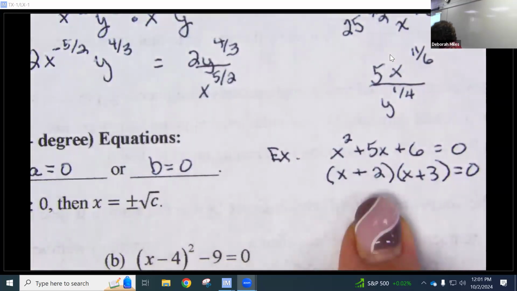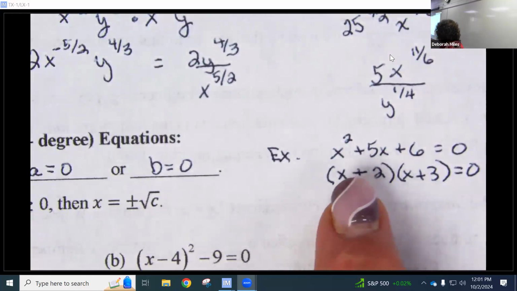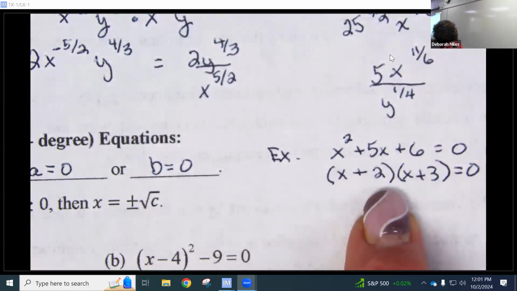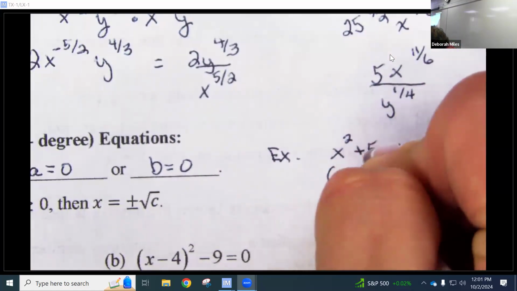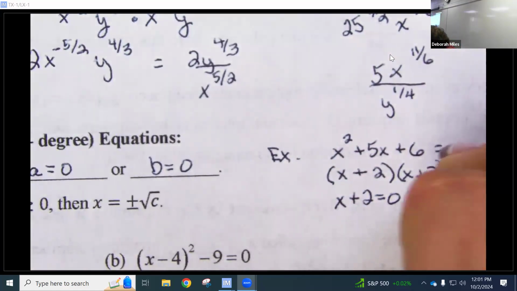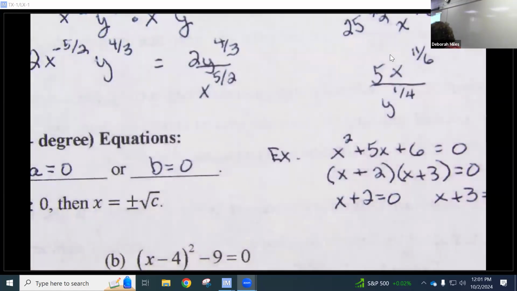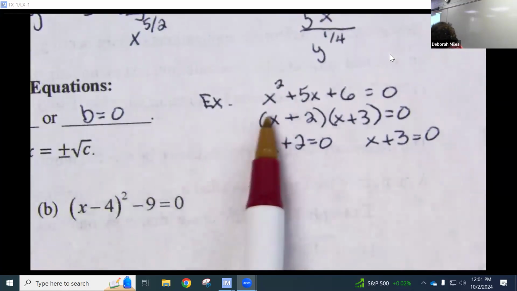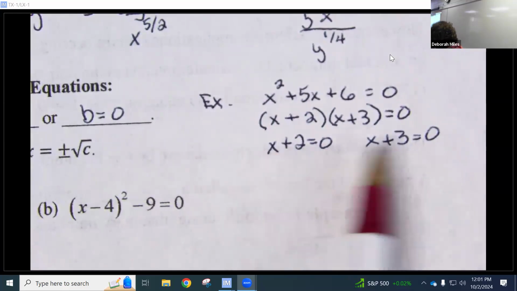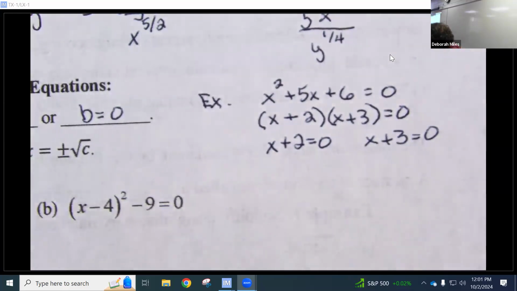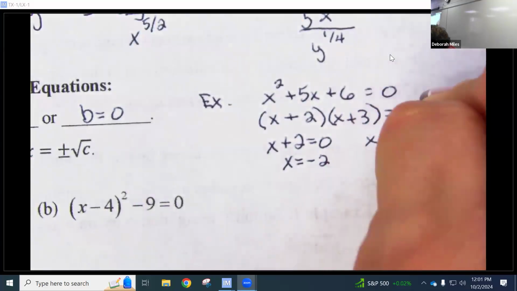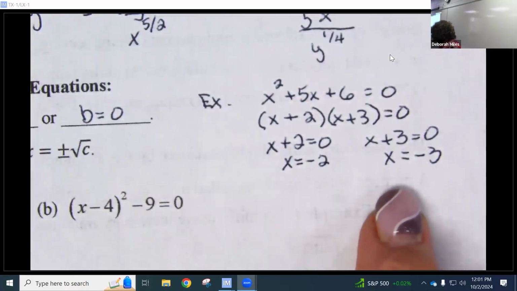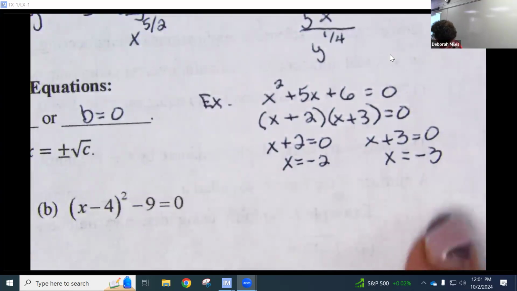If these two factors multiplied together give me 0, then either the x plus 2 has to be 0 or the x plus 3 has to be 0. We've broken a quadratic equation down into 2 linear equations. We solve those 2 linear equations and we get the 2 solutions, -2 and -3.